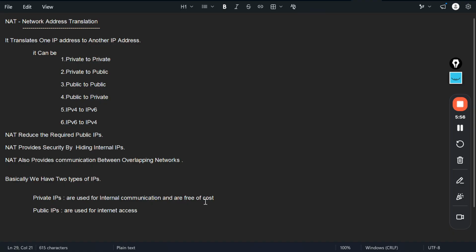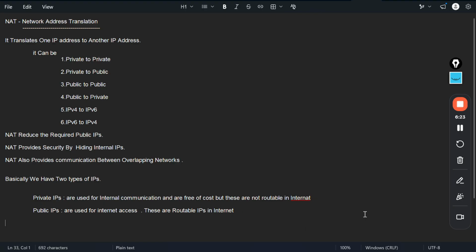And private IPs are free of cost, but these are not routable in the internet.